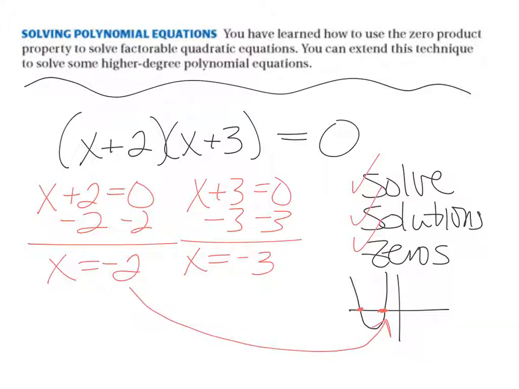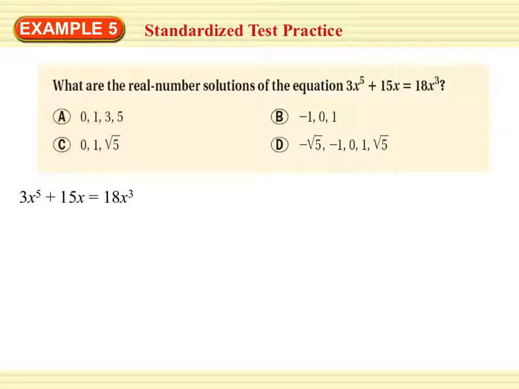Amazingly enough, it's where our parabola crosses the x-axis. It's our solution. It's our 0, because it's where y equals 0. We can only do this when we have an equation equal to 0, right? So let's try it with harder equations.